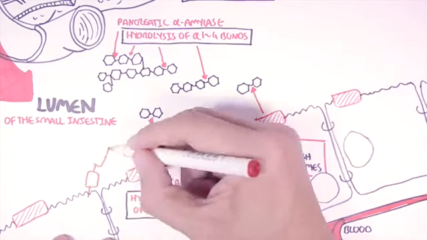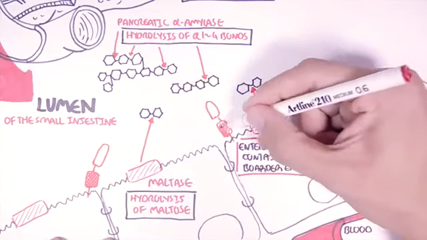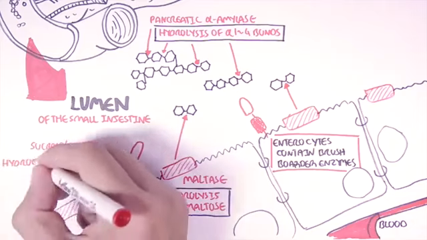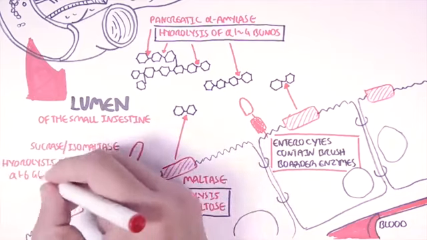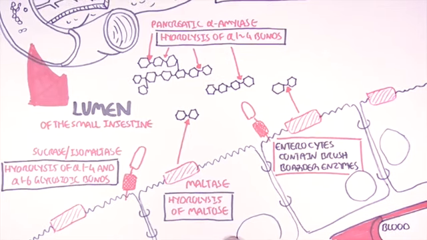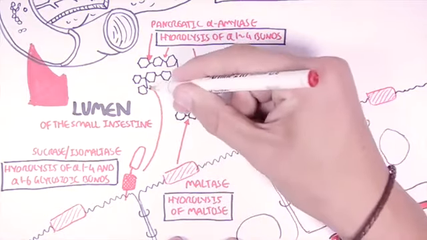Then you have another brush border enzyme called sucrase-isomaltase. Isomaltase will hydrolyze both the alpha-1,4 glycosidic bonds and alpha-1,6 glycosidic bonds. So what is important to know is that isomaltase will hydrolyze the branch points of starch here.